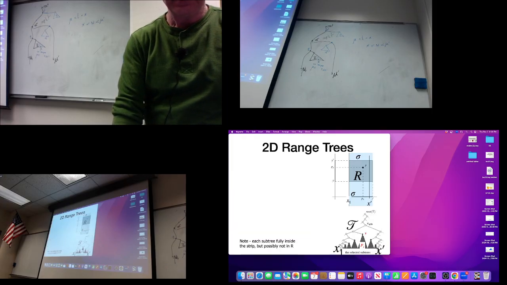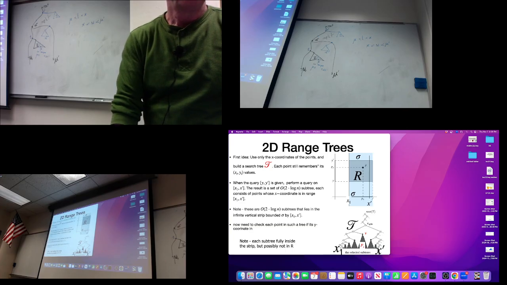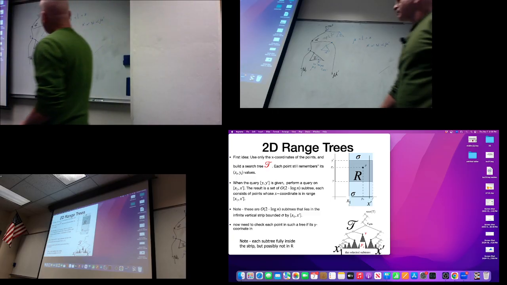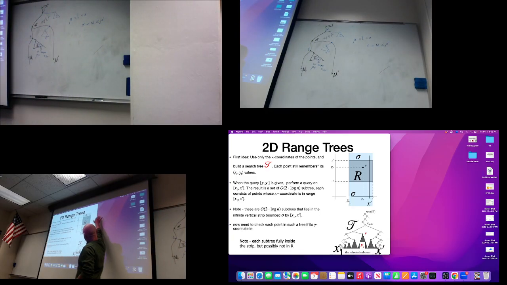So I want to build such a tree. What should I do? I will use only the x coordinate of the points. That is, I'll take all my points that live out here, and I'll project all of them on the x-axis.